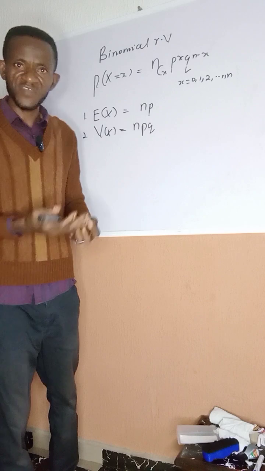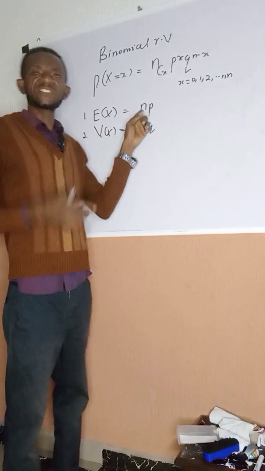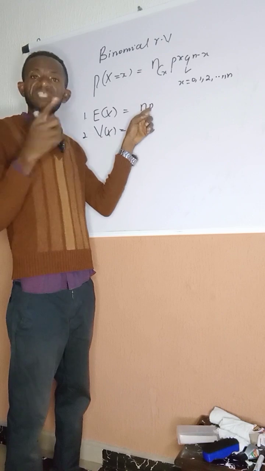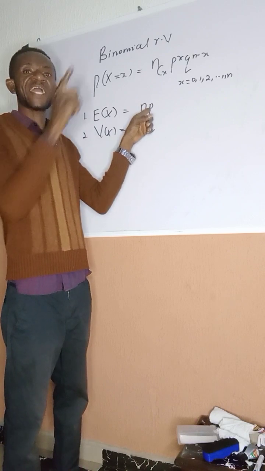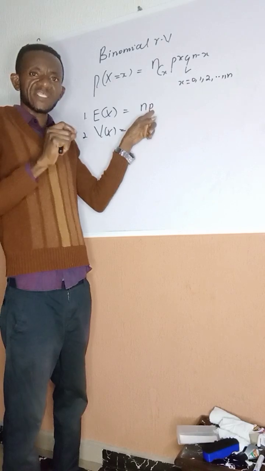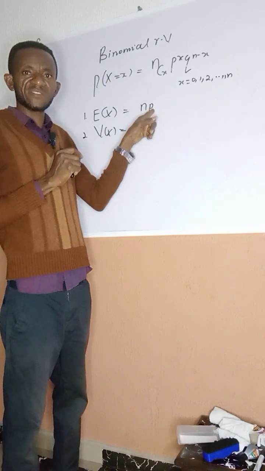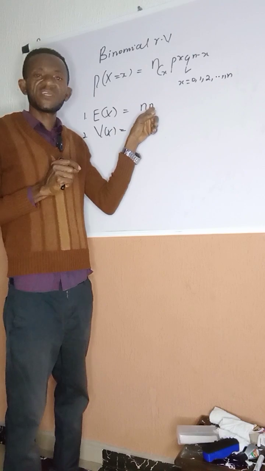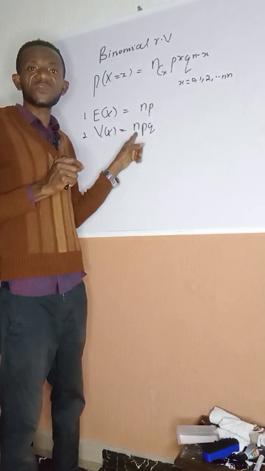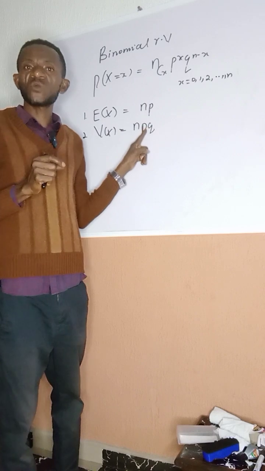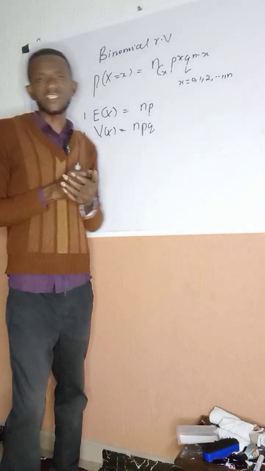This n says it is repeated up to 5 times. P, the probability of success, is 1/2. So the expected value becomes 5 times 1/2. And then the variance becomes 5 times 1/2 times 1/2.